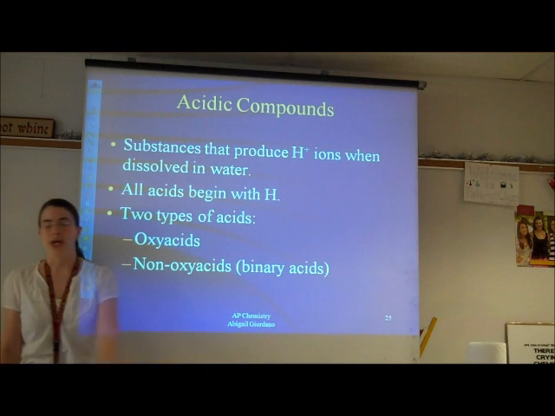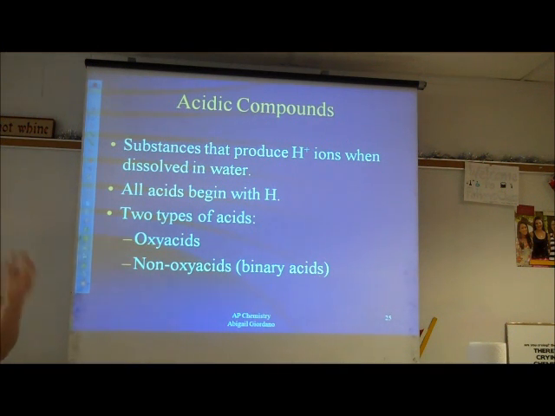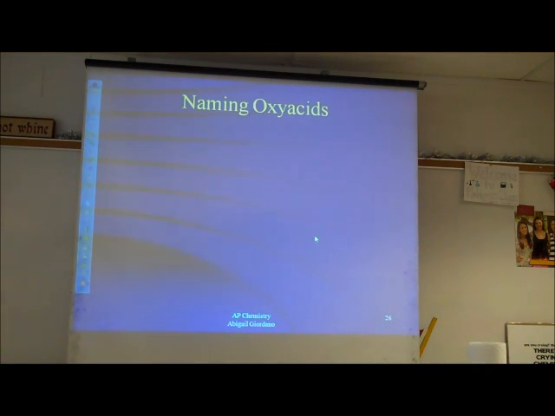A binary acid, however, is still an acid, so it has to have hydrogen. It's hydrogen joined to one other element. And they each have a slightly different naming system.